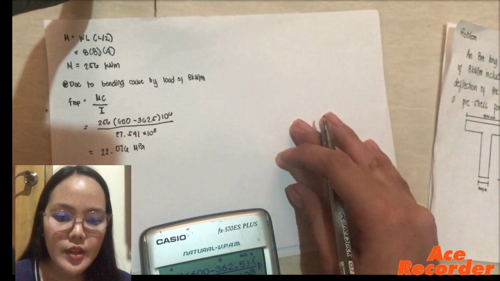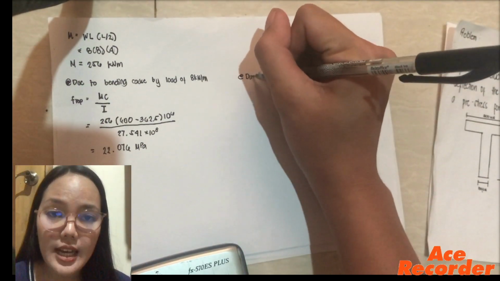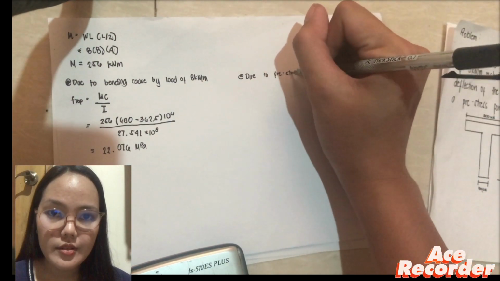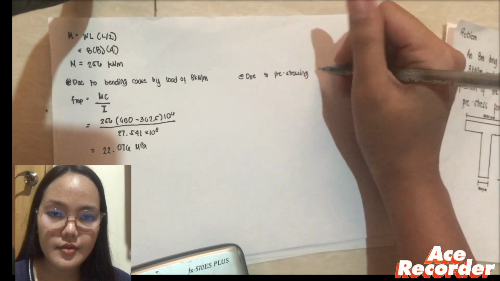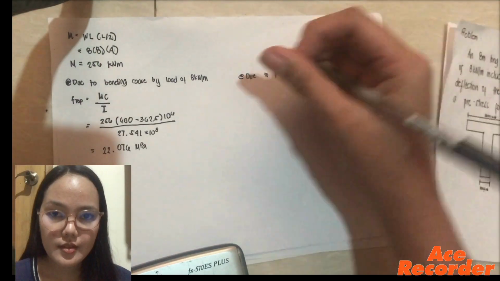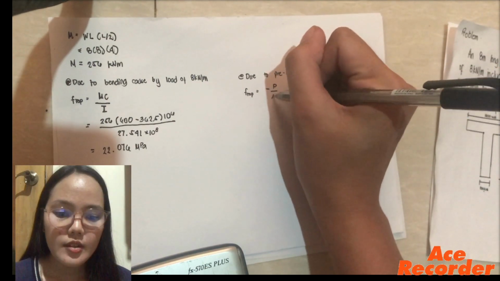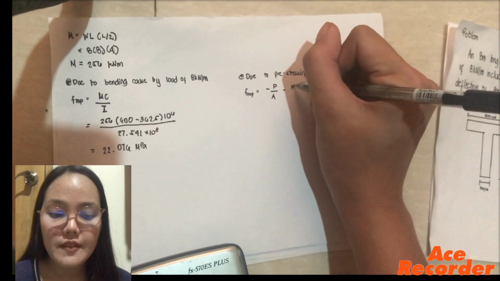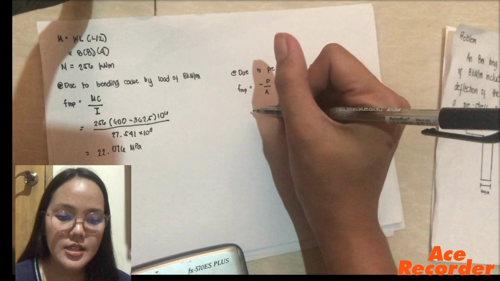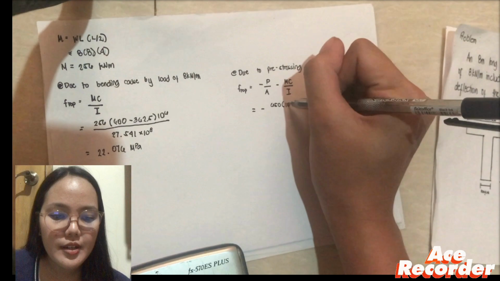Now, due to the pre-stressing and moment, we have the formula F sub top is equal to negative P over A minus MC over I. If you can remember, the P is what we get in the problem.